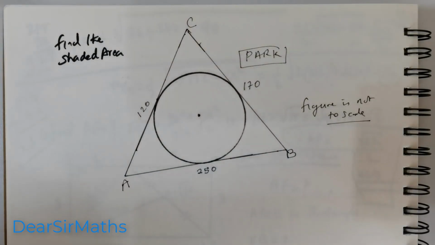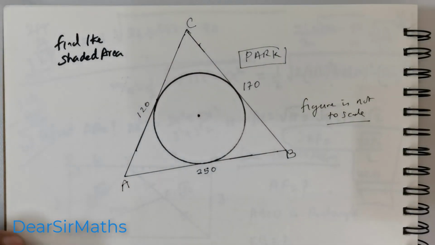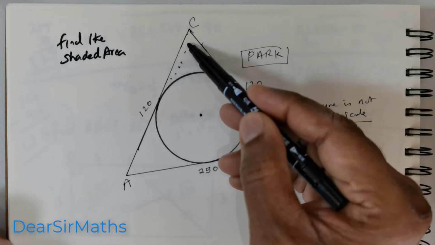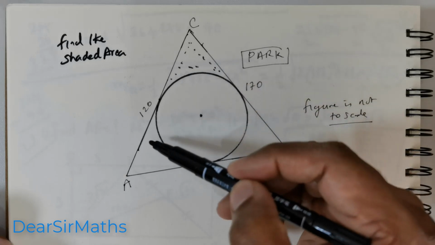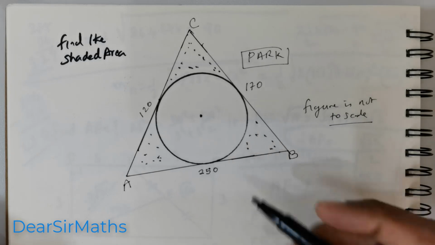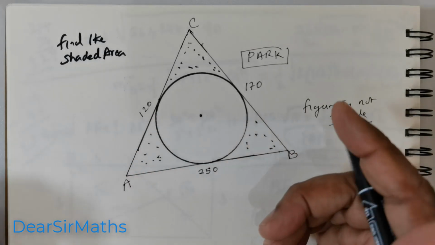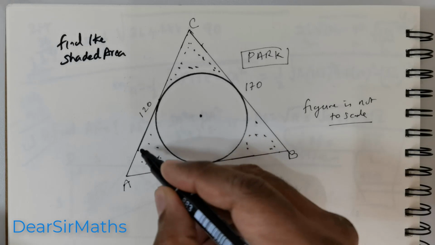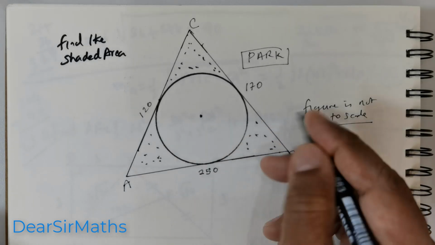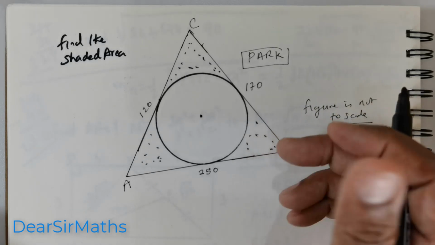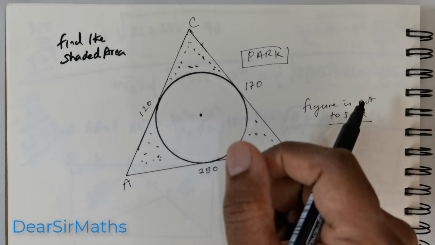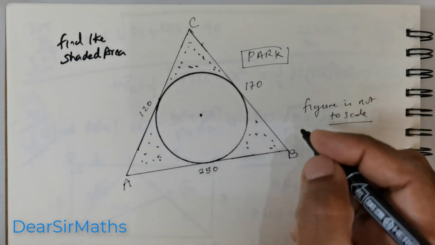Now the question wants us to find the area of this region, area of this region, and area of this region. So probably they would like to design or create a small minuscule area for children to play, for seniors to exercise, and so on and so forth, right?